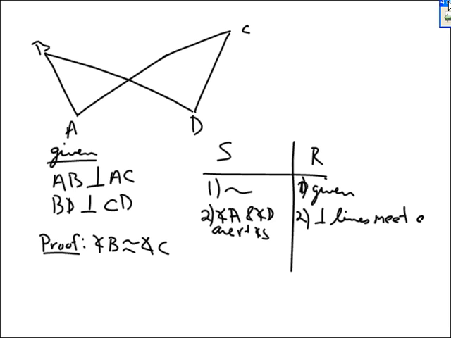Perpendicular lines meet at right angles. Now you can say that, you know what? These 2 angles are congruent. Angle A and angle D are in fact congruent because they're both right angles.